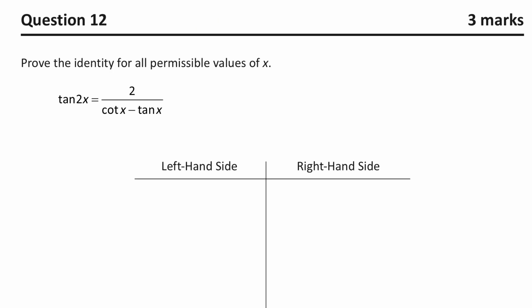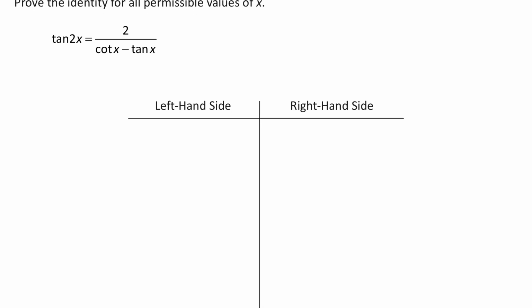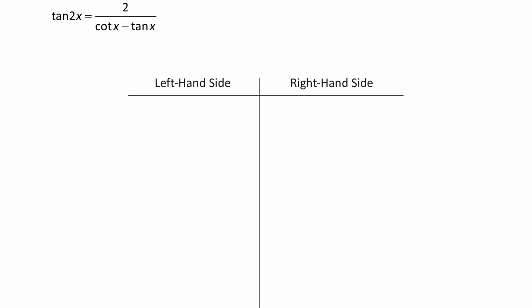Question 12. Prove the identity. I always like these identity proofs. They're kind of fun. They're like a little puzzle we have to try to figure out. So on the left side, we have tan of 2x and we're thinking, well, maybe we're going to use one of the tan formulas. But on the right side, there's no 2 there.